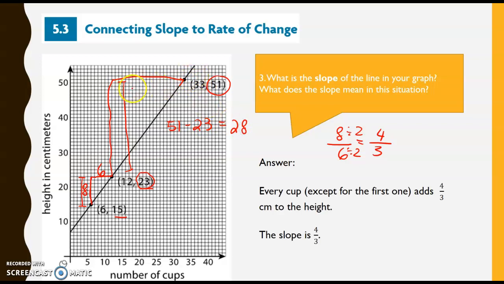And then your run, how wide, is 33 minus 12, and I'll get 21. So same thing, I can simplify them using 7. 7 goes into 28 4 times. 7 goes into 21 3 times. So both of them give the same slope. So I know the slope will be 4/3.